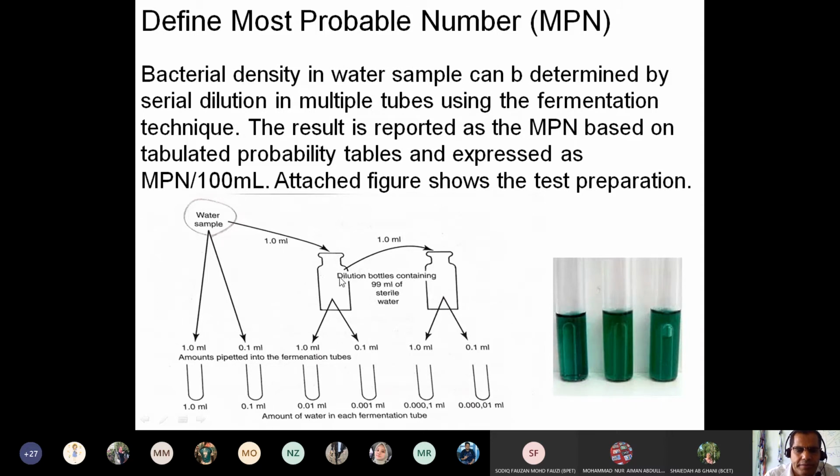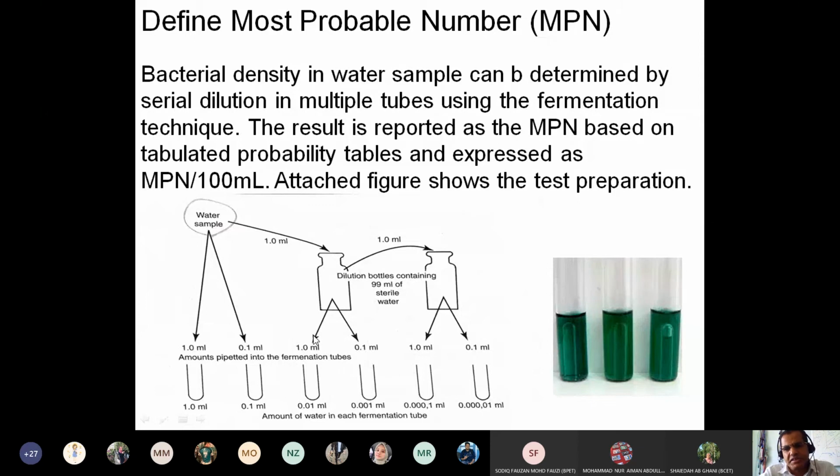This will be 100, right? And from here we take again 1 milliliter and we add 99. And from here also we take 1 milliliter, we add 99. As we go down, we take 1 milliliter from this and add 99. We take here 0.1 milliliter, we add 99.99.